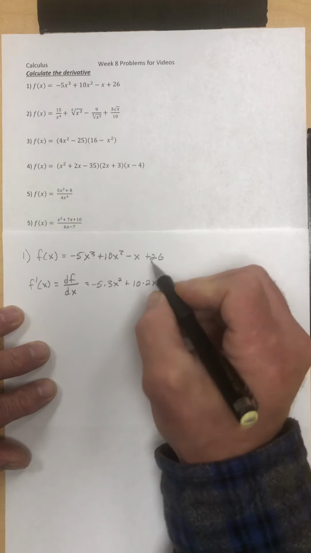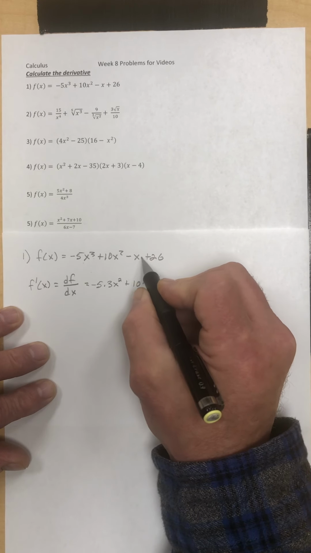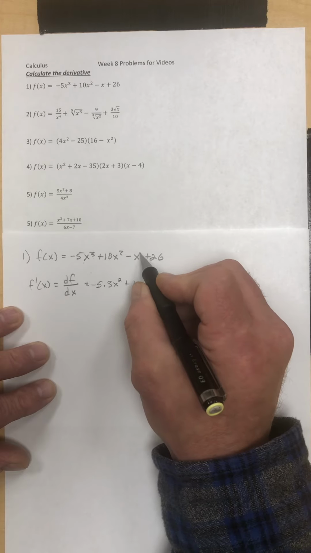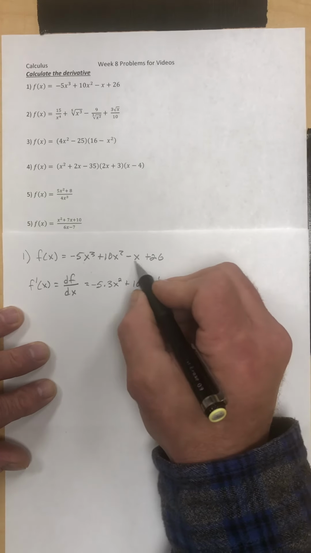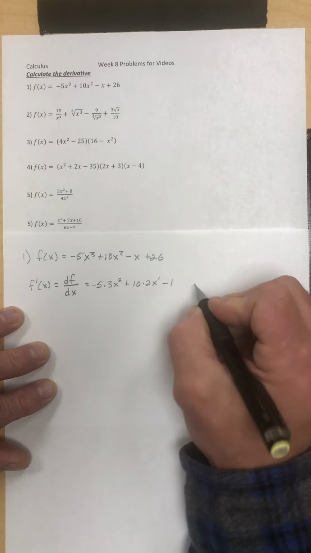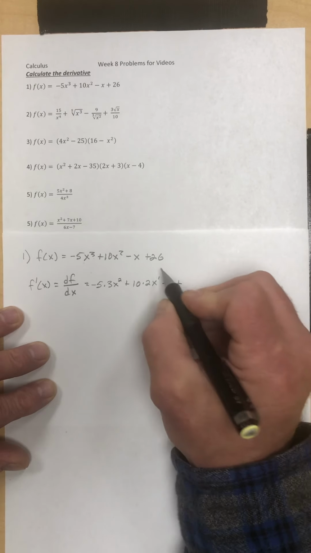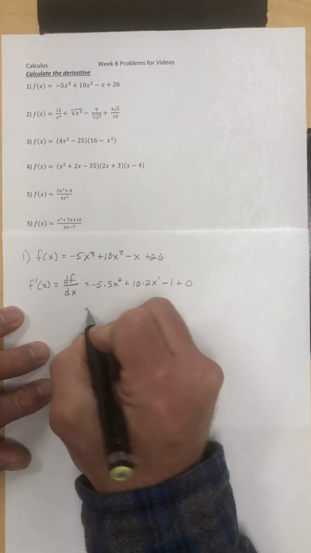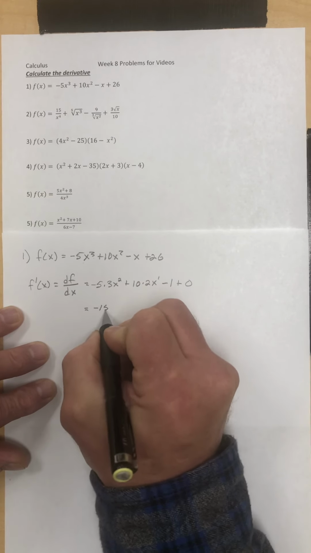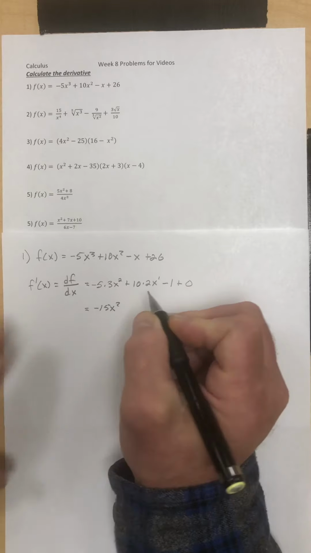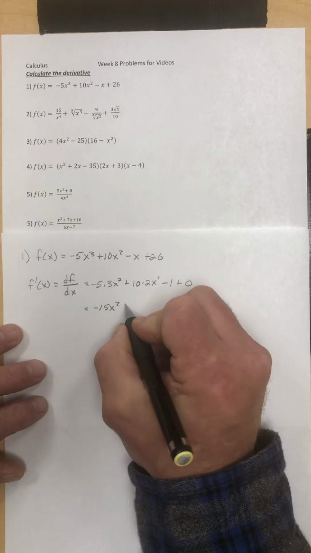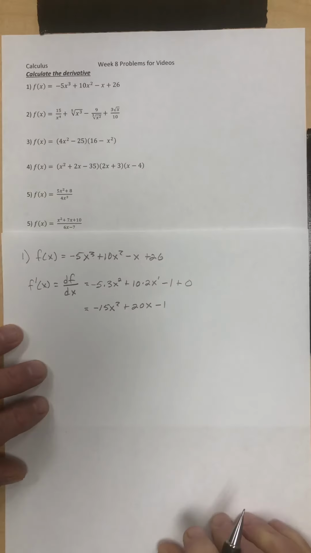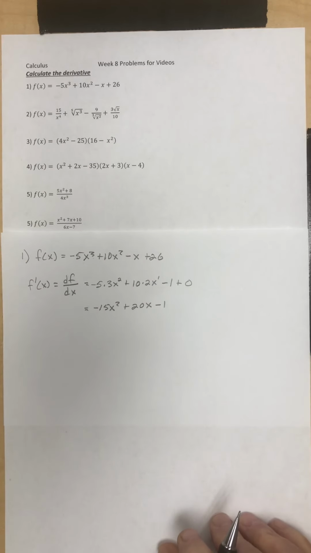Minus, this is x to the first, so when I move the 1 out front, it becomes x to the 0th, which is just 1, so I just get the coefficient, minus 1. And anytime we take the derivative of a constant, we get 0. And then we just simplify. So I'm going to get negative 15x squared plus 20x minus 1. We've got our first one done.